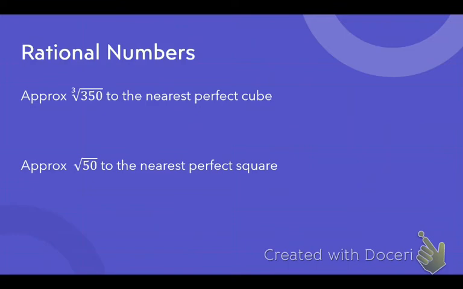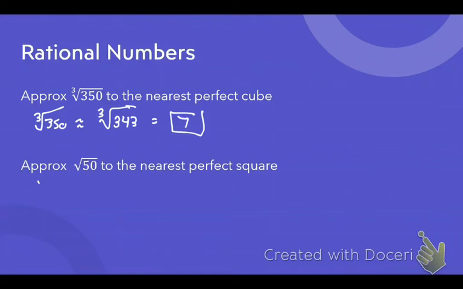What perfect cube is 350 really, really close to? Yes, and what's the perfect cube for 7? 343. So the cubed root of 350 is approximately 343. Guys, that's only 7 away, and for perfect cubes, that's really, really close. So I know it's going to be very close to 7.